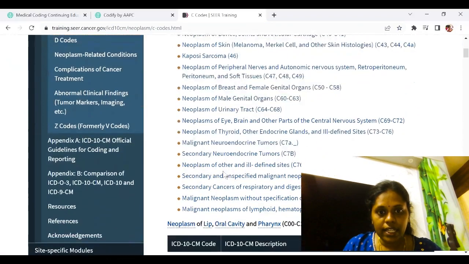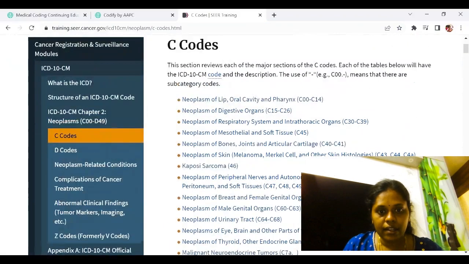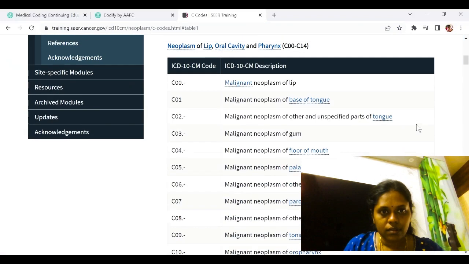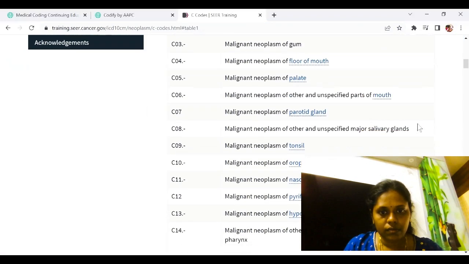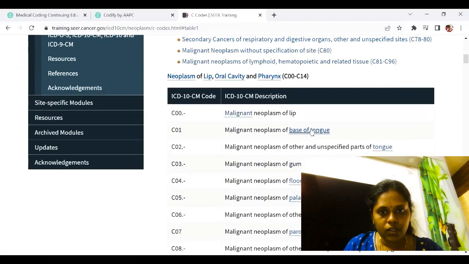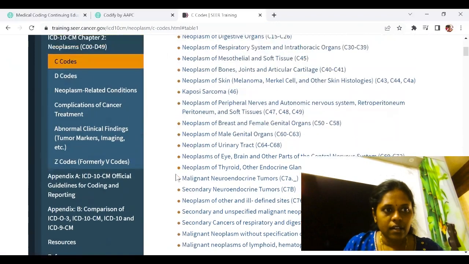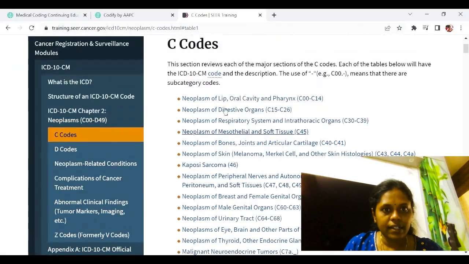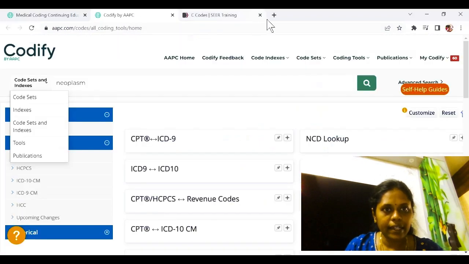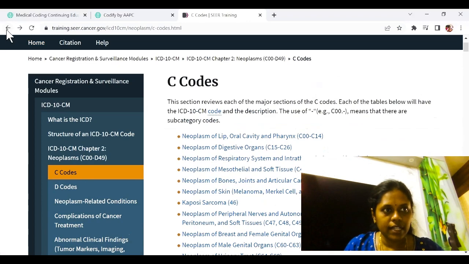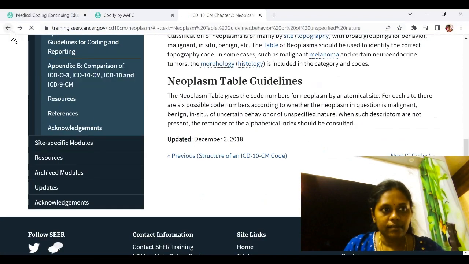Secondary, then primary. Based on the oral cavity site, these codes are divided. I'm not able to see the table here, but they have given it clearly. Let me go back and check for the exact table.